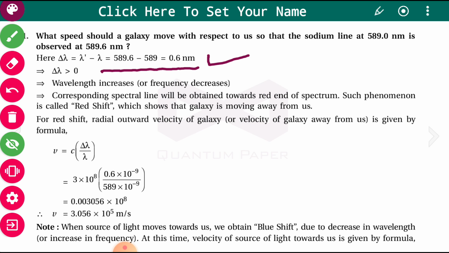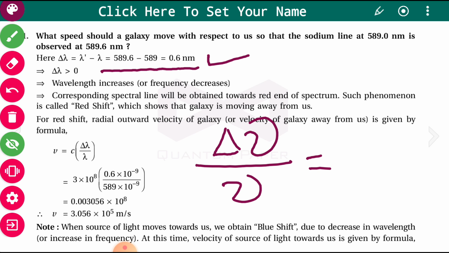Okay, now the equation which is given here on page number 359, just we have to utilize. That is delta nu upon nu is equal to the radial velocity upon velocity of light, only magnitude.